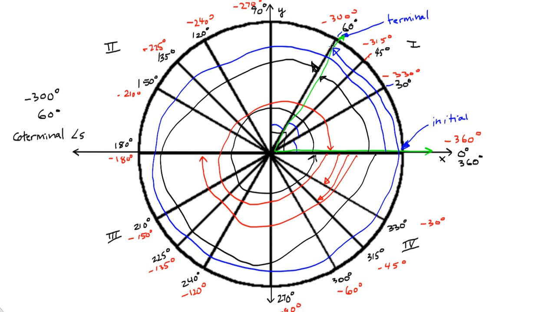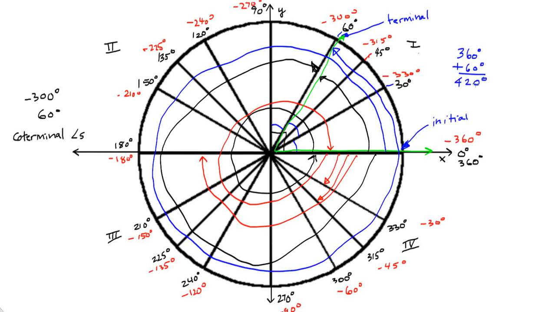Wouldn't that be the same angle, another coterminal angle? It was the same initial side, and I ended up at the same terminal side, so it's still coterminal. So what did I do? I went a 360-degree turn all the way around the circle and then another 60 degrees. So another coterminal angle for this 60-degree angle would be 420 degrees.